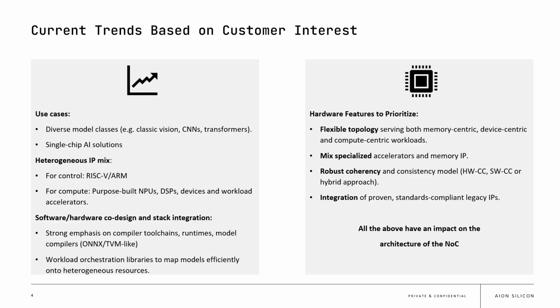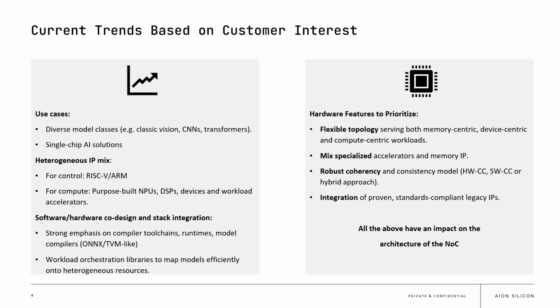TVM is Tensor Virtual Machine, an AI compiler tool from the Apache Foundation. I'll share more on that in coming slides. And also software which performs orchestration and maps these models effectively onto the heterogeneous resources.